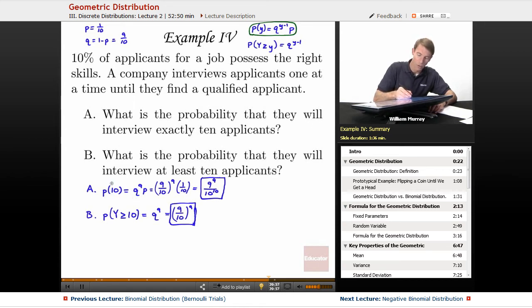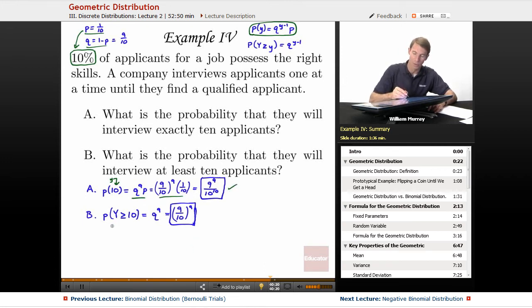So our y here is 10, and so we have q to the 9th times p, and the values of p and q, well, I got the p from this 10% right here. That's the probability that any given applicant will be a success, and the q is just 1 minus that, so that's 9/10. Drop those numbers in and simplify it down.